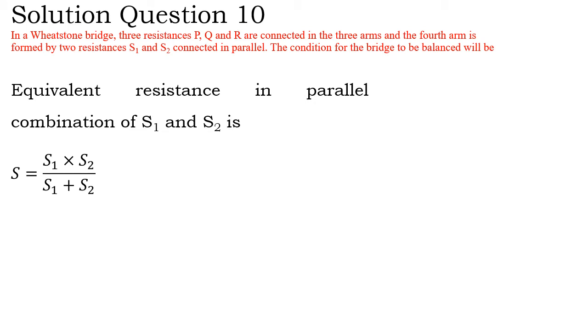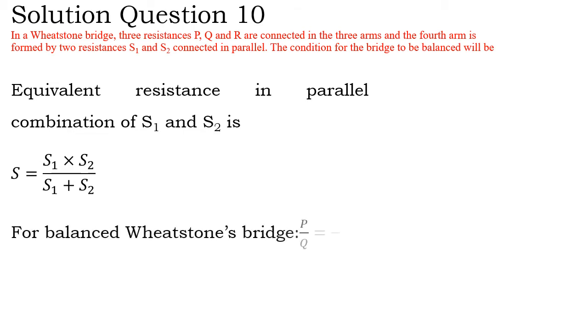So here I am considering that equivalent resistance as S. Then according to the balanced Wheatstone bridge principle, we have an equation as P by Q is equal to R by S. And over here on the RHS, the denominator, that is S, is nothing but S1 S2 divided by S1 plus S2. So let us go ahead and substitute that. On substituting the same thing, we'll obtain the equation as P by Q is equal to R into S1 plus S2 divided by S1 multiplied by S2. So this happens to be option D.